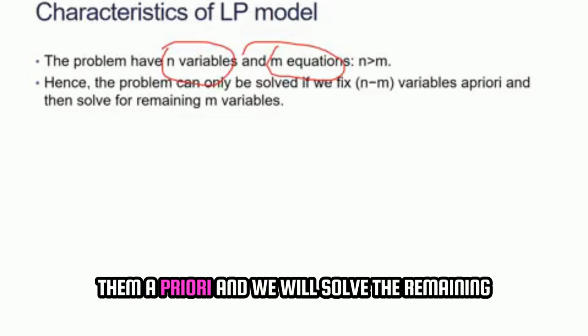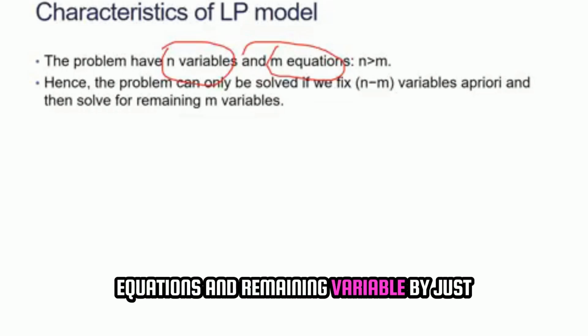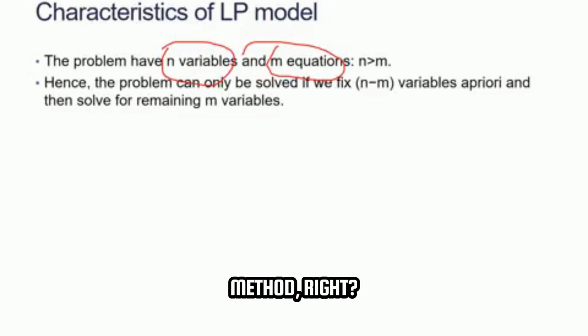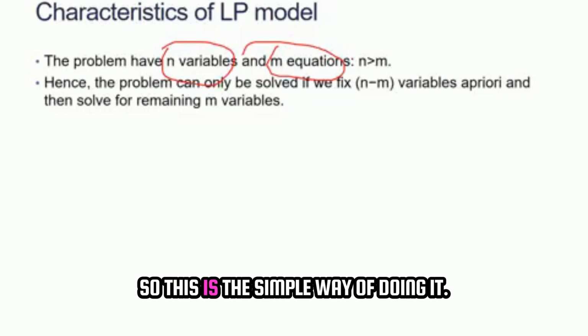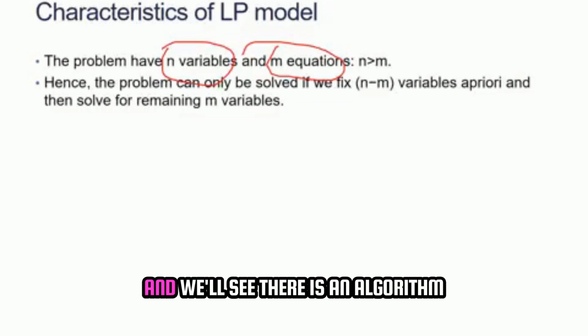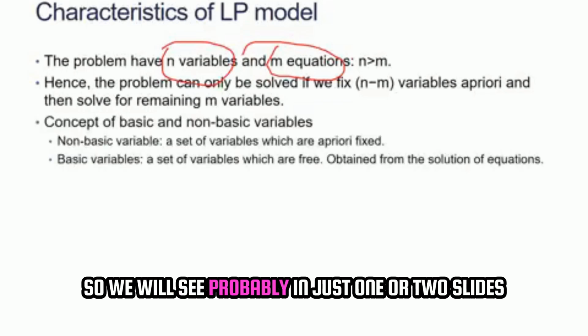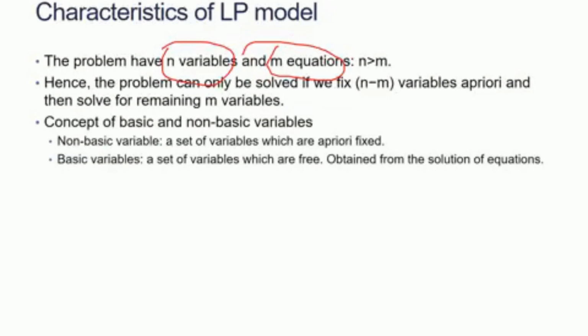We'll fix them a priori, and we'll solve the remaining equations and remaining variables by just a simple equation solving method. Right. So this is the simple way of doing it, and we'll see there is an algorithm for how we fix it and how we solve it. So we'll see that probably in just one or two slides.